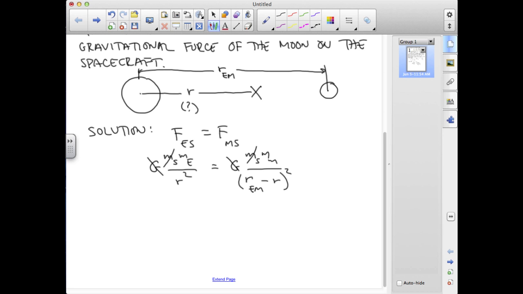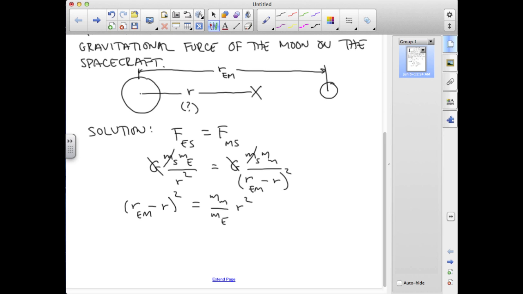So I end up with, on the left, the Earth-Moon distance minus the distance we're seeking, quantity squared. And on the right, I have this ratio of Moon mass to Earth mass times r squared.